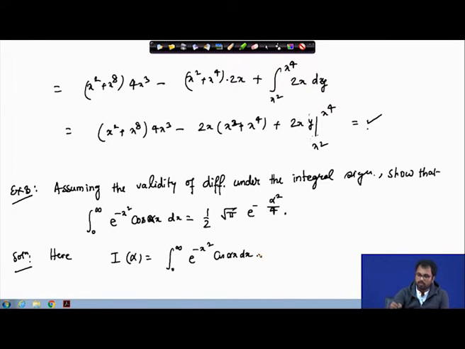Now let us differentiate both sides with respect to alpha. So this will be dI d alpha, and our partial derivative will go inside of the integral. So this will be 0 to infinity e to the power minus x square, differentiation of cos is minus sin, and differentiation of alpha x is x dx.